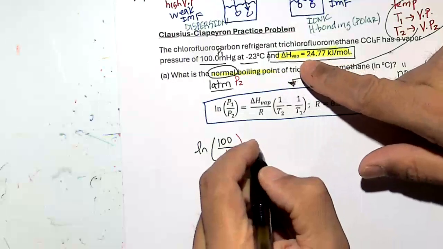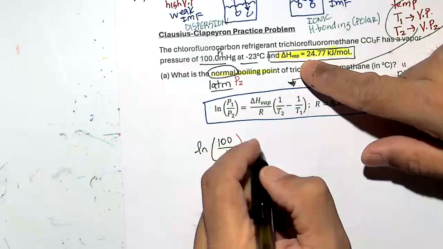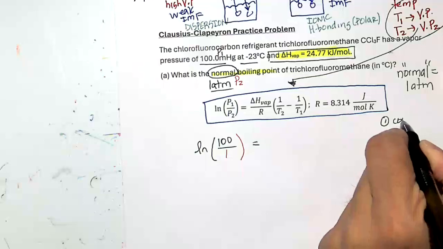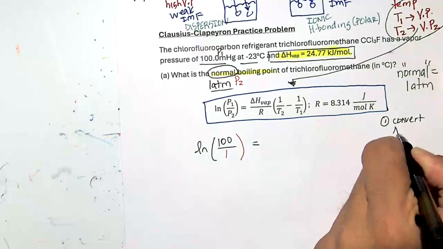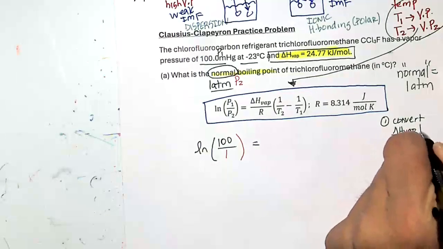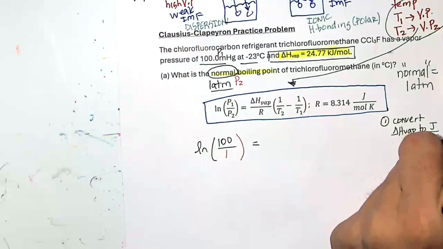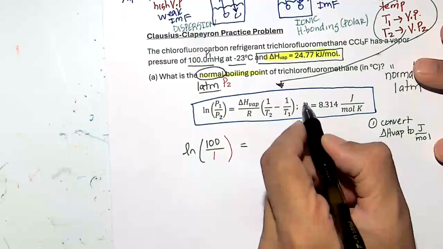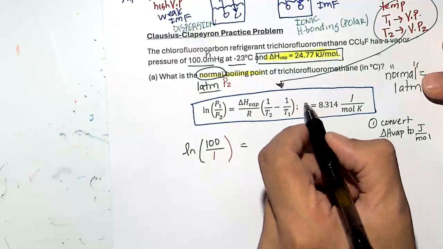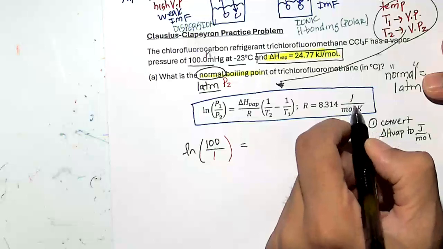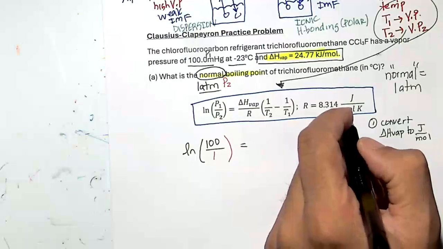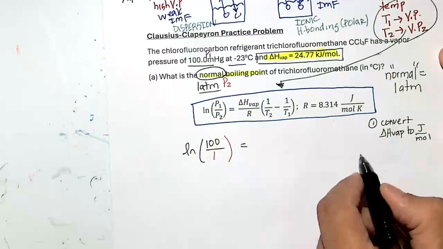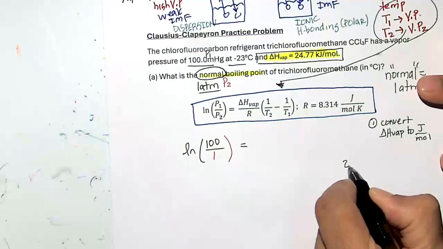So the energy is 24,770 joules per mole. One thing I want you to know is that we're going to convert delta H vaporization to joules per mole. The reason we convert this to joules per mole is because our constant, just given, you can't change the constant, is joules over mole Kelvin. So to get the units to cancel out, let's convert this to joules per mole, and this is going to be multiplied by 1,000. This is how you do it.